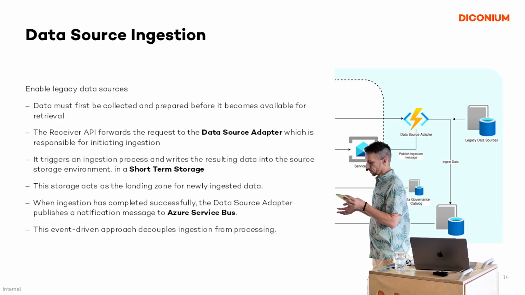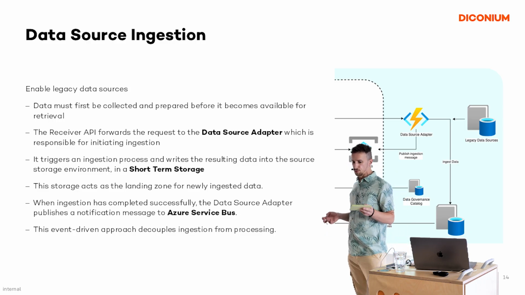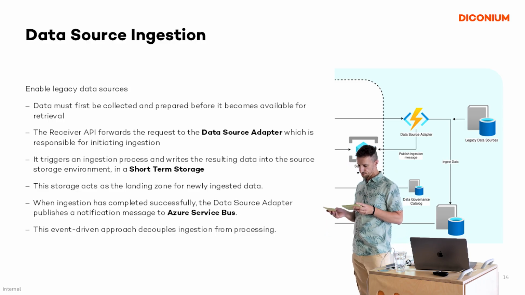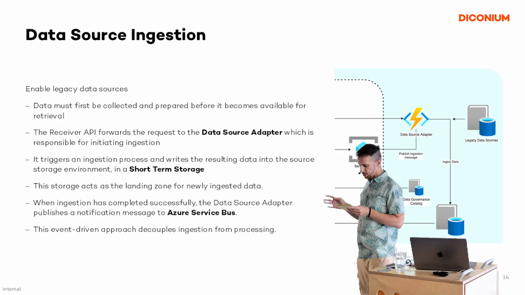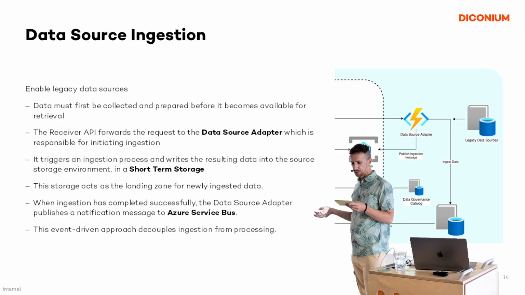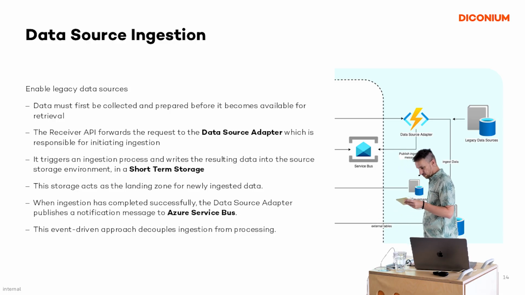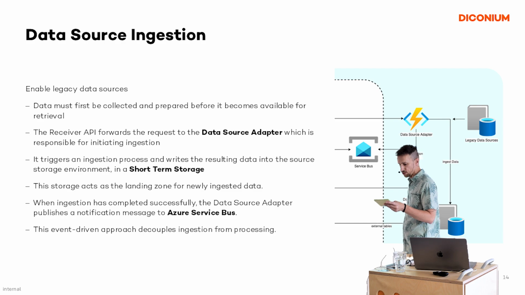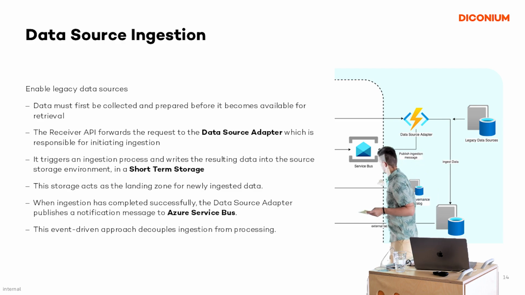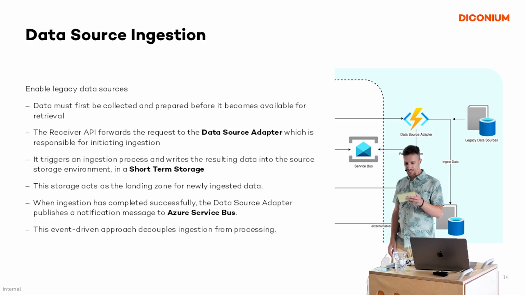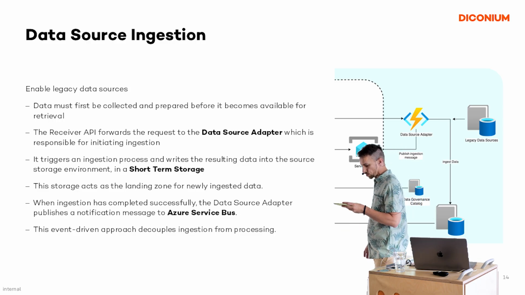The request is forwarded to the data source adapter, which is responsible for initiating the ingestion. It triggers the process and writes the resulting data into a short-term storage component. It's here. And the adapter publishes a notification message to the Azure Service Bus here. And this event-driven approach decouples the ingestion from processing.